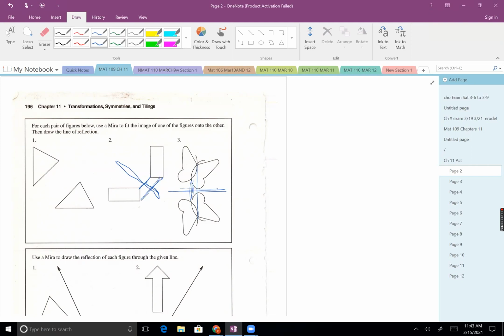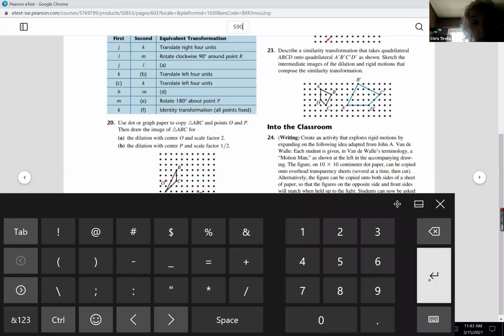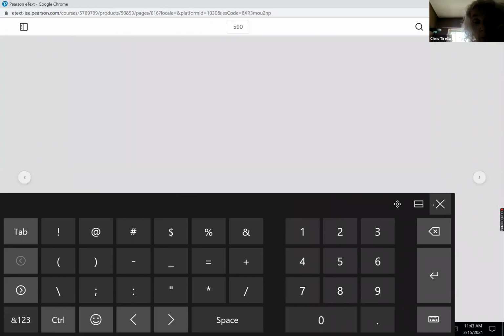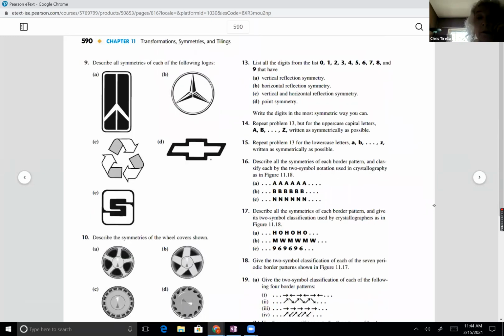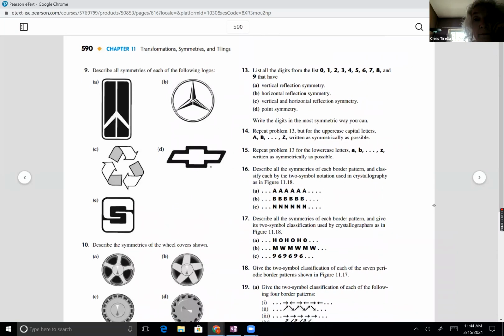Can you go over 5 on page 590, question 15? In the homework? Yep. Page 590. Which question number? 15.